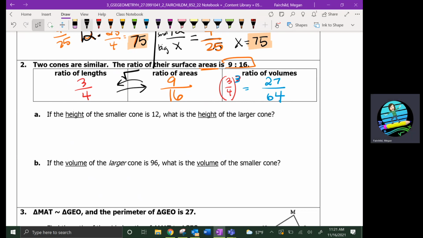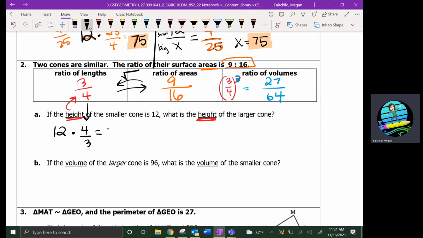Let's do a couple examples real quick. If you have a cone and they're asking you about the height of one and the height of the other, they're underlining that to tell you that is a length. So you're going to use the length ratio. The height of the smaller one is 12. I want the height of the larger, so I'm going to multiply it by the ratio that's greater than 1. I'm using the side ratio.